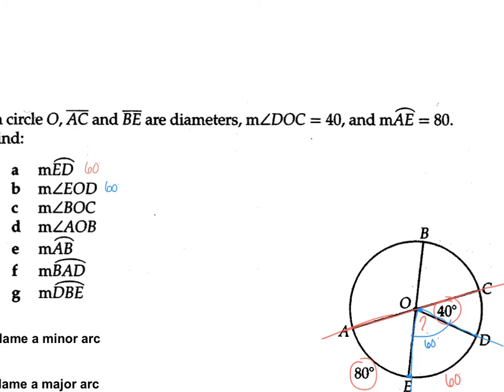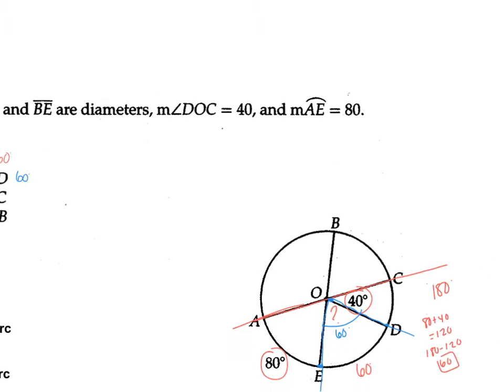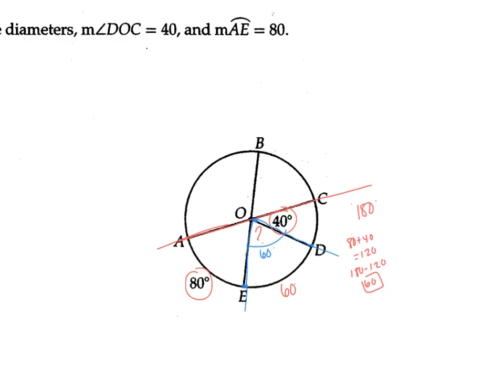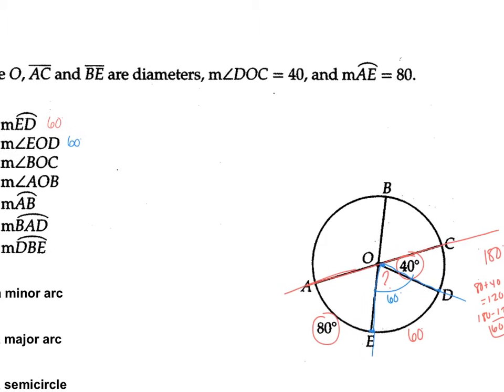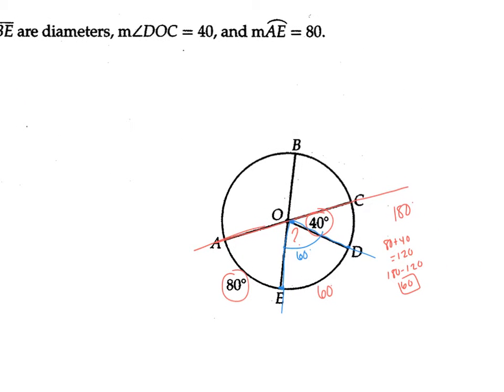For C, I want to find the measure of angle BOC. So we know in our question that BE is a diameter. So if BE is a diameter, I know that everything to the right of it has to add up to 180.